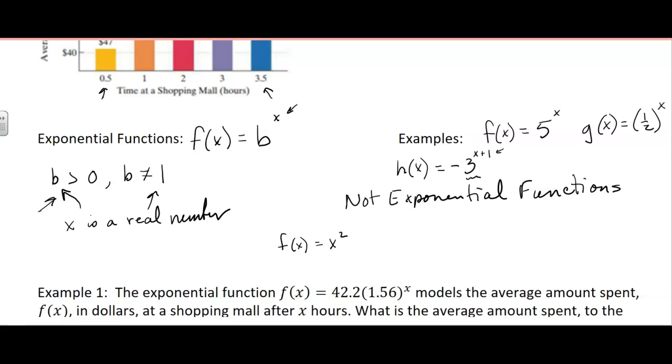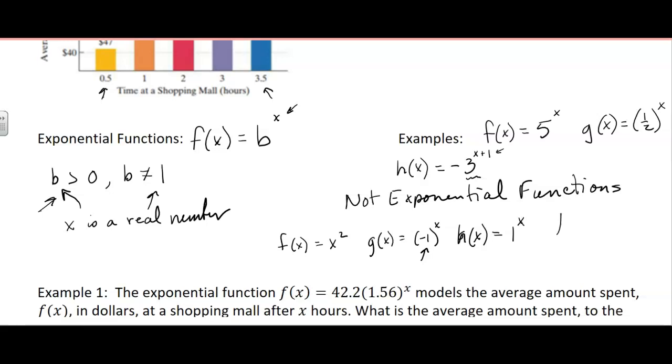Next, -1 to the x power. Nope, that's not exponential because we said the base has to be positive, greater than 0. Then h of x equals 1 to the x power. Nope, not exponential. We said the base can't be 1.